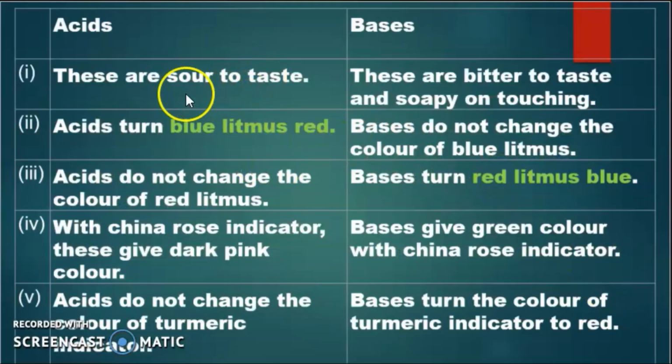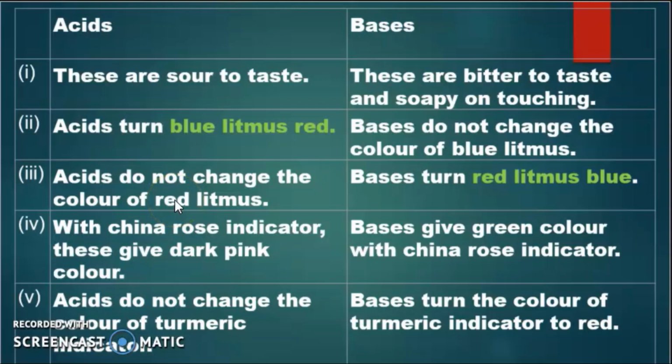So let's see what the differences are between acids and bases. So first of all, as I have told, acids are sour in taste, while bases are bitter in taste and they are soapy in texture. This is the first and most basic difference between acid and base. Then acids turn blue litmus red, but bases do not change the color of blue litmus paper.